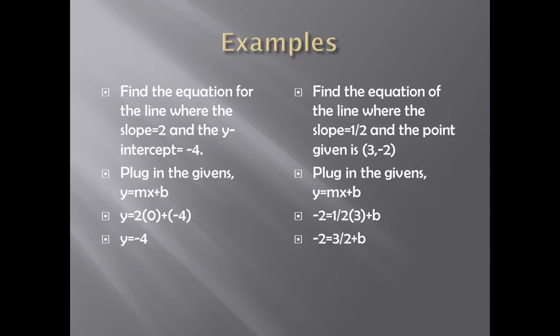After that, you're going to solve by subtracting 3 halves from the other side, so you have negative 2 minus 3 halves. If you do adding and subtracting with common denominators, you should get negative 4 over 2 minus 3 over 2, which gives you negative 7 over 2, which is your y-intercept.